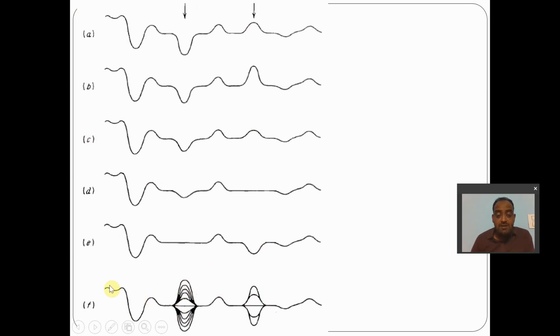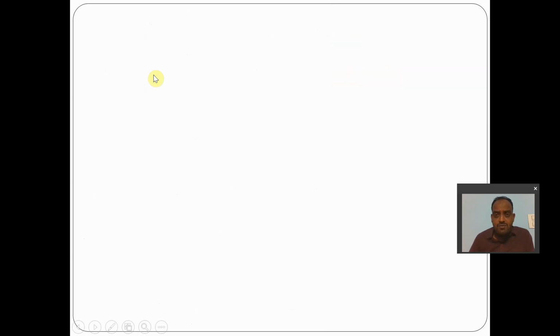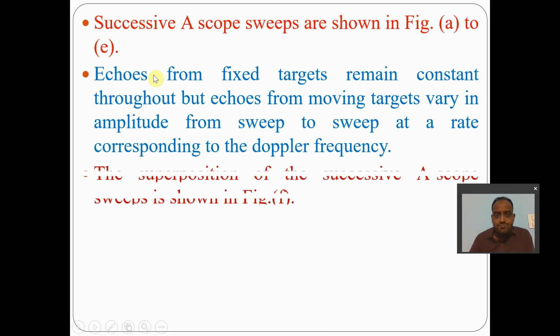All the rest of the peaks represent the stationary objects, whereas the only place where you get a butterfly diagram is not a stationary target. That target is moving. So successive A-scope sweeps are shown in figures A to E, and F is the superposition of successive A-scope sweeps.